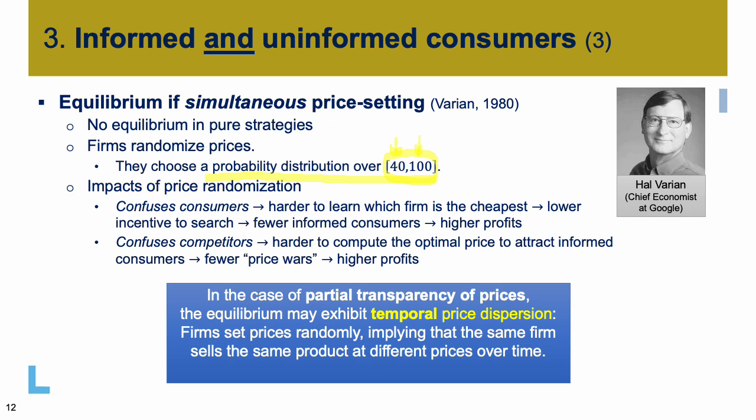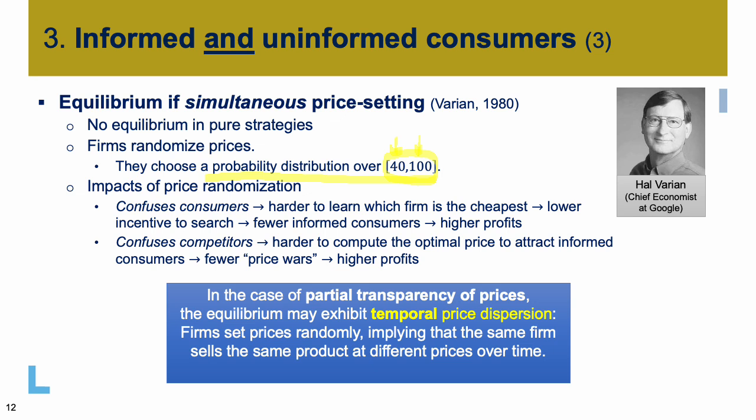Okay, so firms will choose a price randomly in this interval, 40 to 100. Now, it can seem weird that firms randomize prices, but actually it makes sense because it both confuses consumers and the competitors.